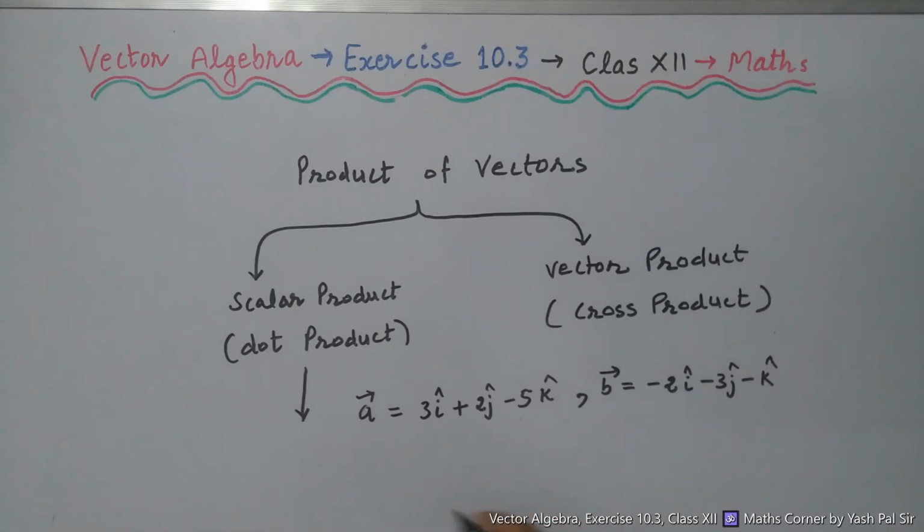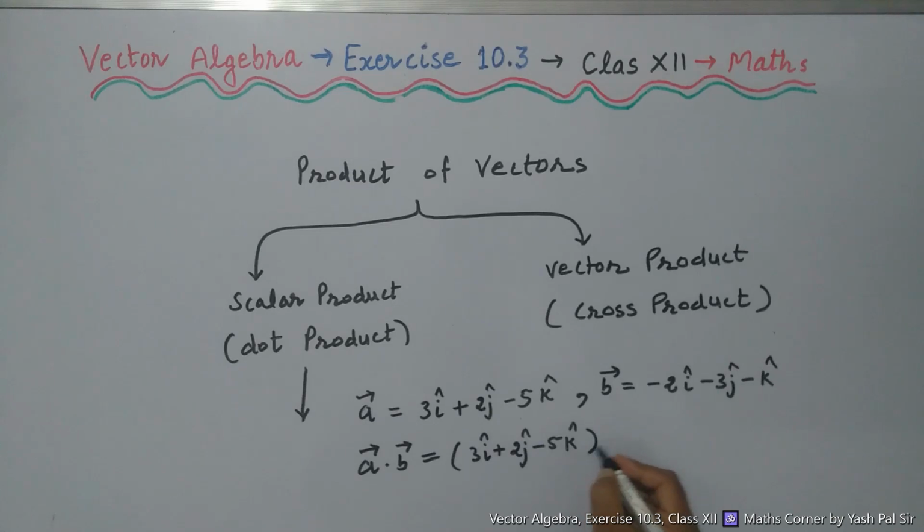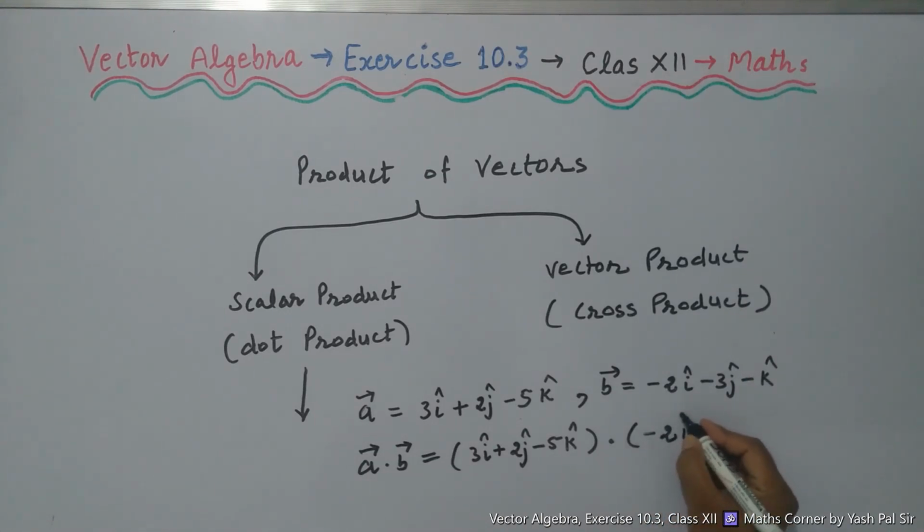How to multiply? We write this as a dot b. So this is written as 3i plus 2j minus 5k, dot sign will be there. If you do not insert this dot sign, then the dot product of two vectors is meaningless. So please, it is very compulsory to insert the dot symbol.